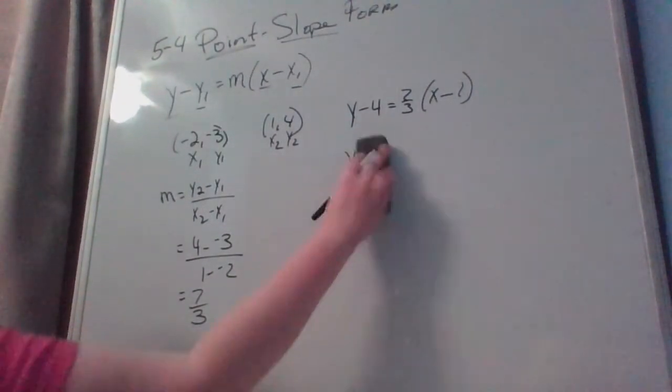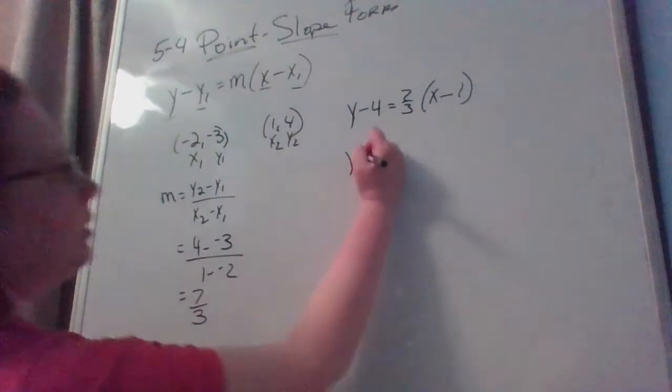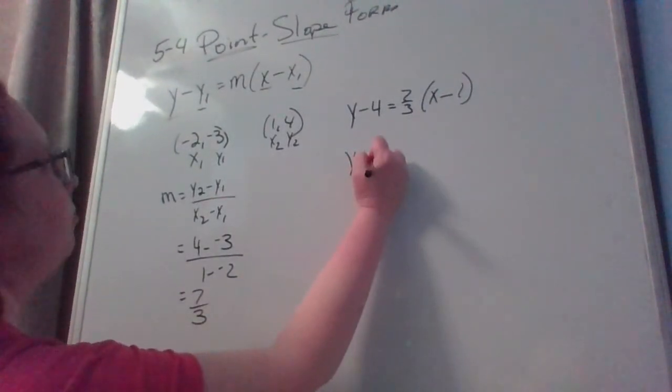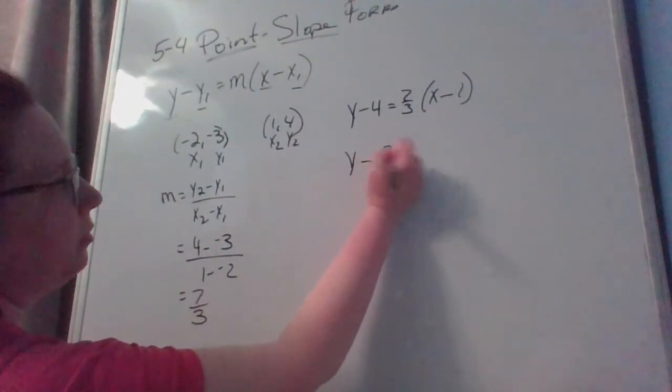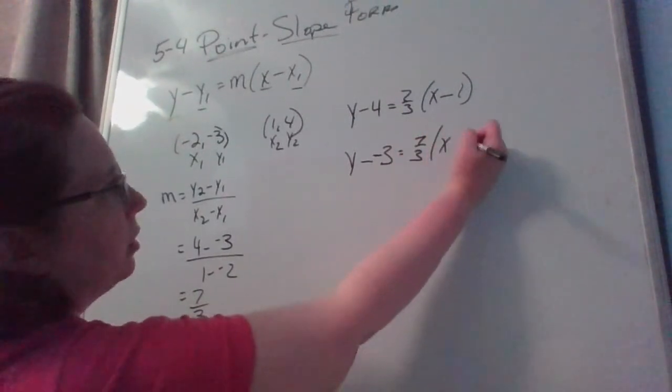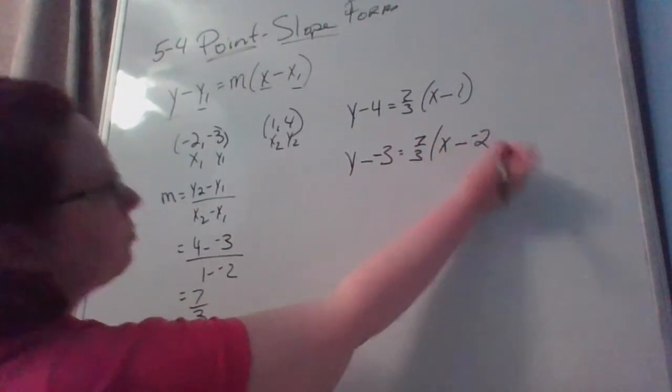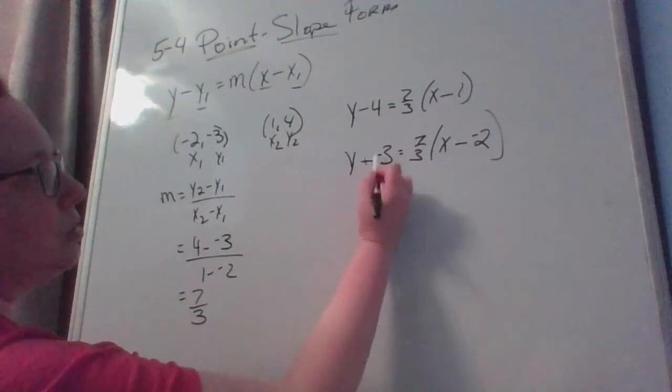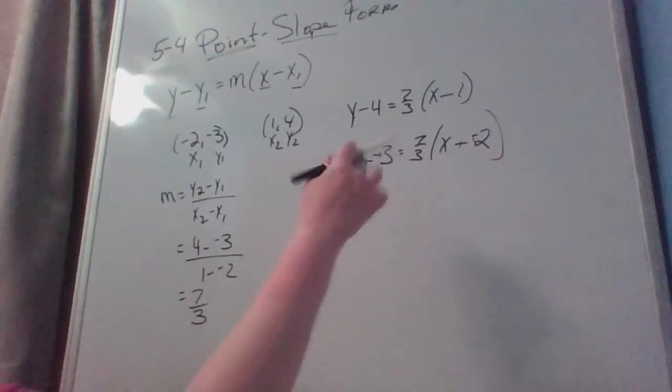I get y minus -3 equals 7/3, and then x minus -2. So these you could both change to plus.